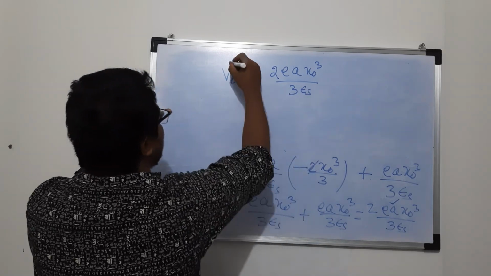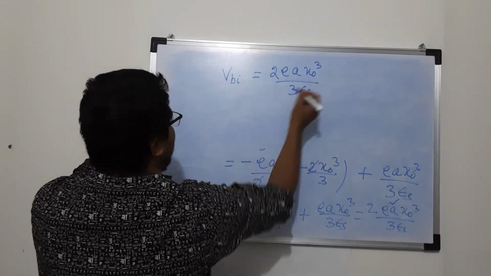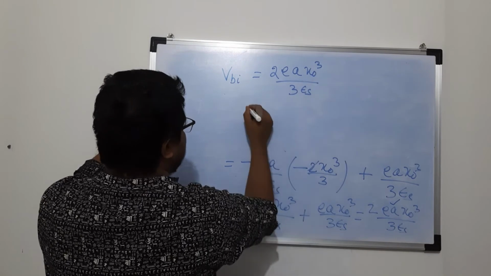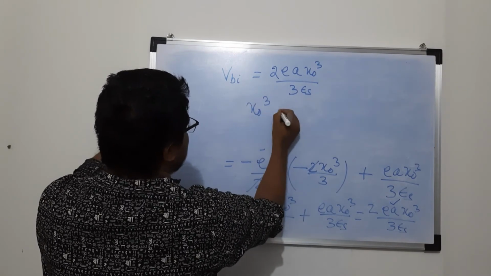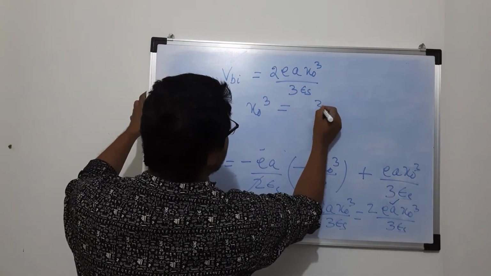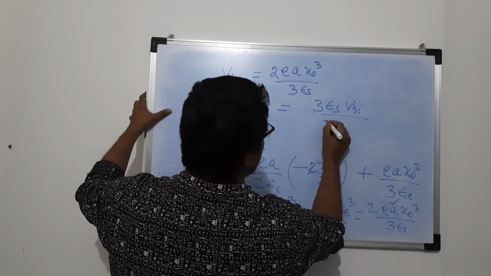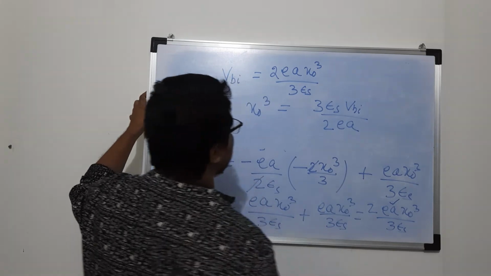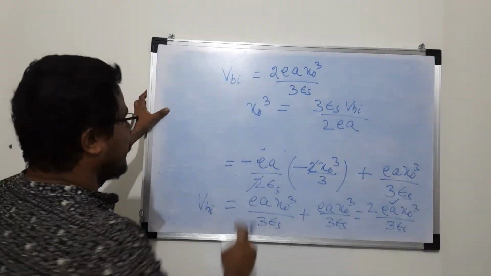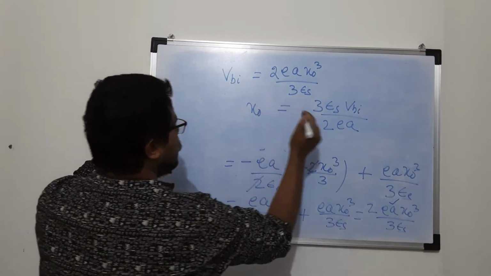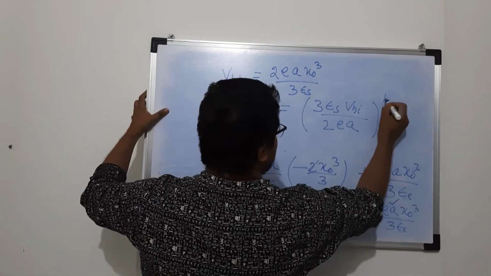So if you know the value of VBI, then you make x0 cube the subject, and you find out x0 cube is equal to 3 times epsilon S VBI divided by 2EA, right? And if you want to write what is x0, then you take 1 by 3.